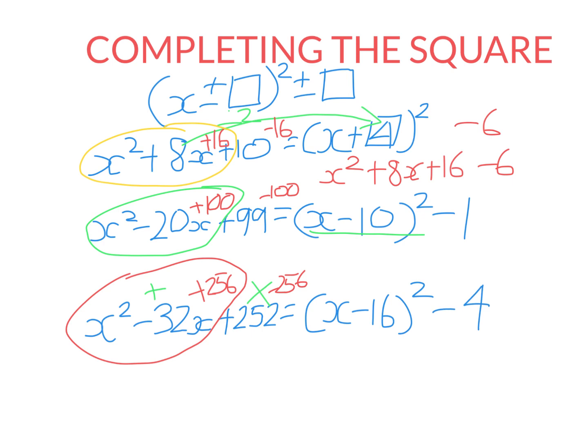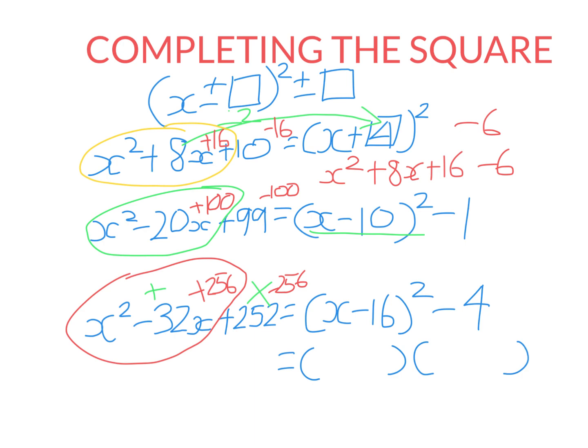So how does that help us? It turns out for these ones, and even this one, we can actually factorize it further using the difference of two squares. I have a perfect square minus a perfect square. The way you do difference of two squares, you get two brackets, square root the first.